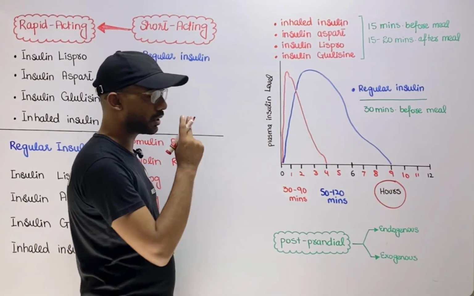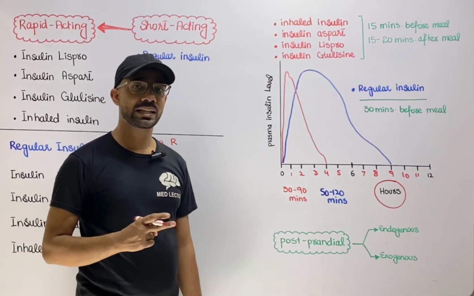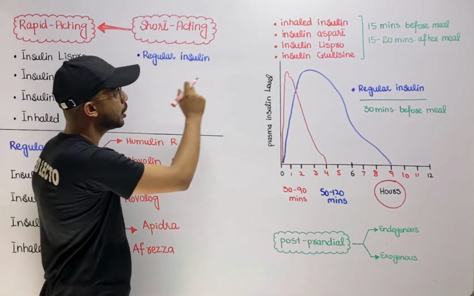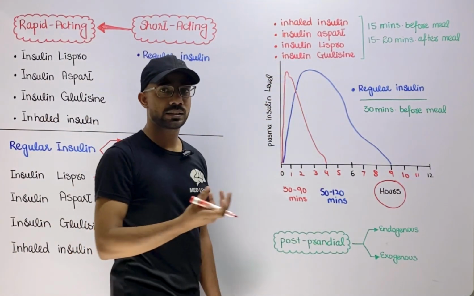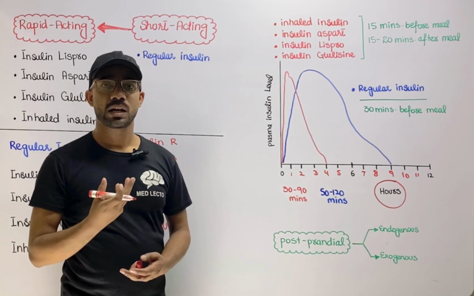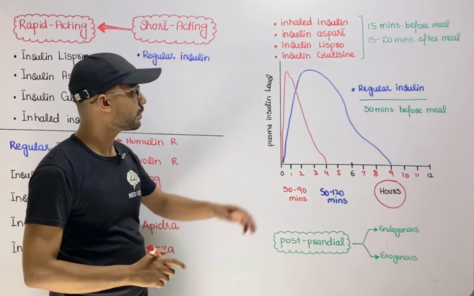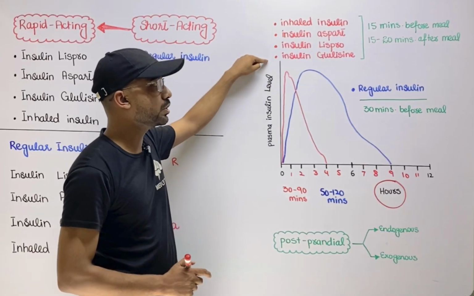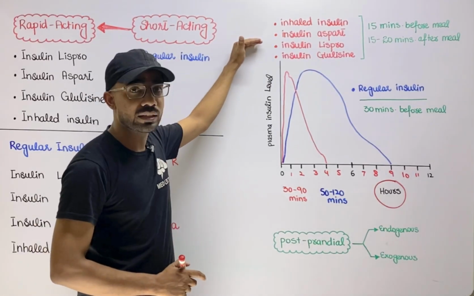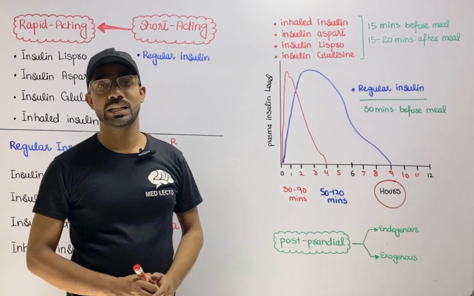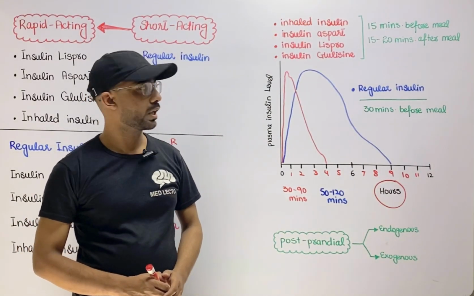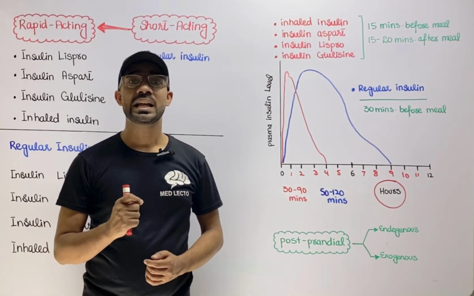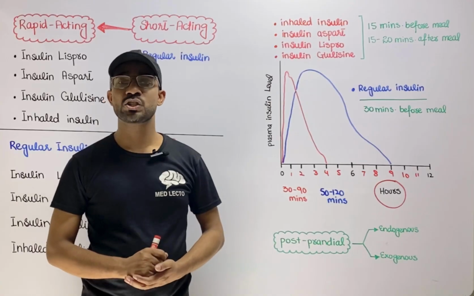So we have two categories, rapid acting and short acting. In the rapid acting, you will see the inhaled insulin, this special form of insulin that the patient has to inhale. Second is the insulin aspart, insulin lispro, and insulin glulicine. So these are the four rapid acting insulin analogs. Why do we call it rapid acting? Because it will achieve peak level in a short interval of time.